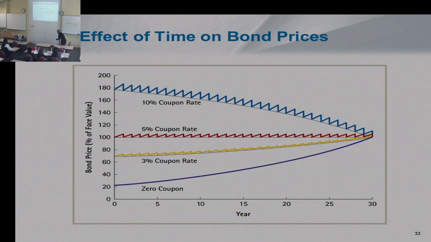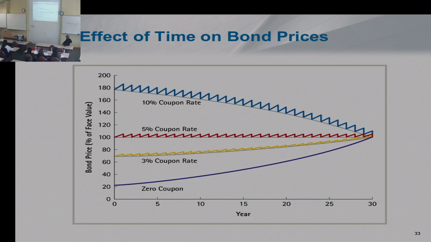So over time, we get this sawtooth pattern. The value of the bond increases, earns 5%, drops, earns 5%, drops, and eventually gets back to $100.